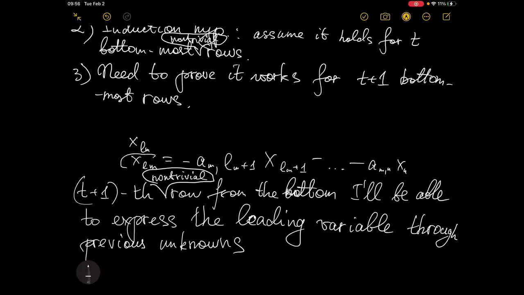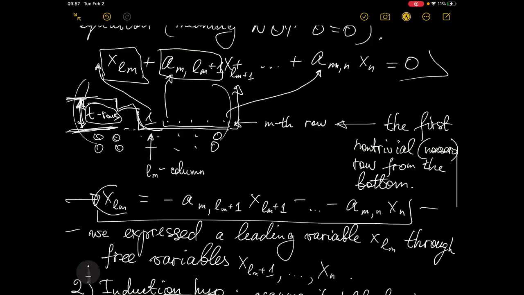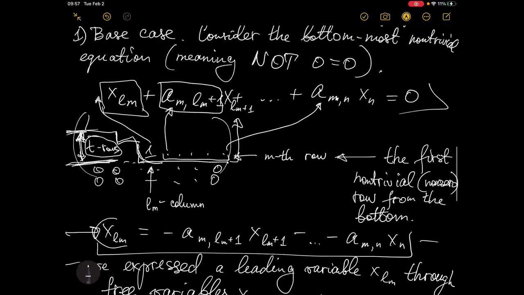When I considered the bottommost row here, I don't have any leading variables to the right of this leading variable, right? So here I expressed my corresponding leading variable through the free variables. Is it clear or not? Because here we don't have any leading variables, only free variables, because it's the bottommost row.